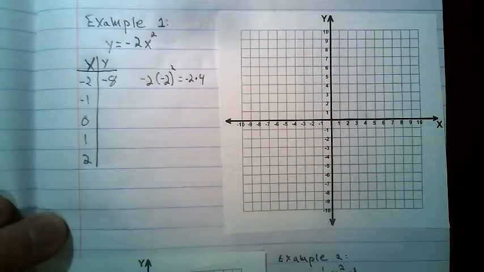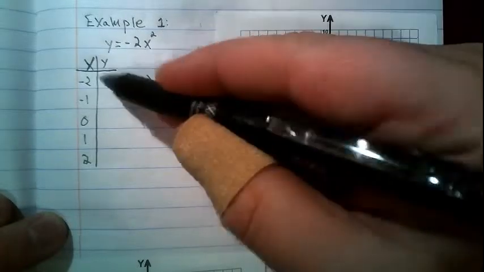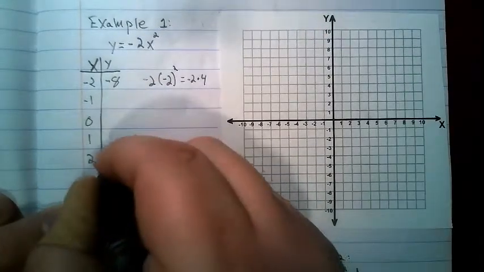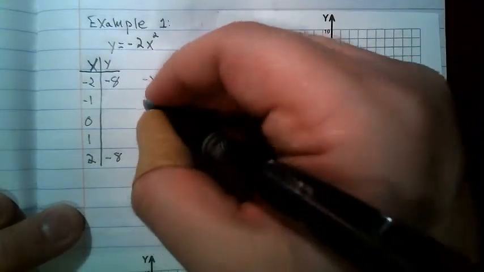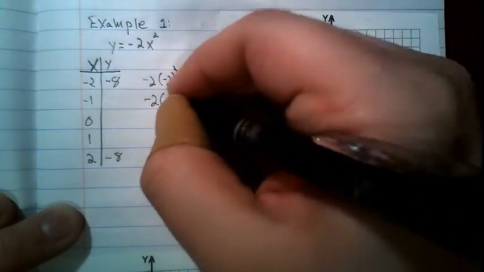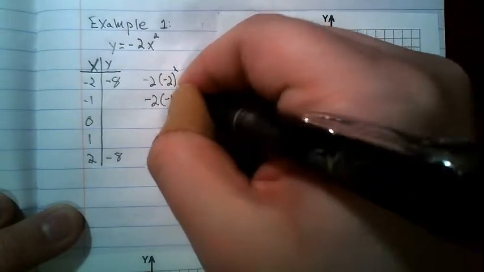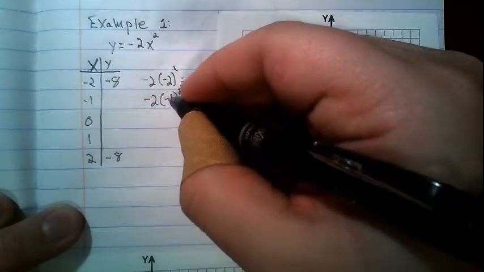So if this is negative 8, that means 2 must also be negative 8. Let's evaluate when x is negative 1. So negative 1 times negative 1 is positive 1, and negative 2 times 1 is negative 2.